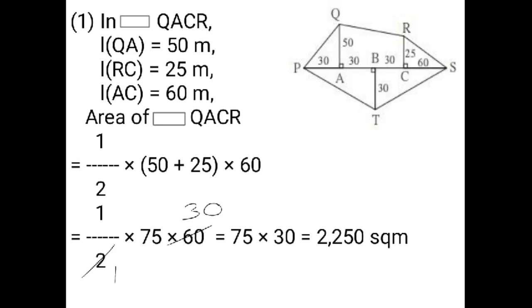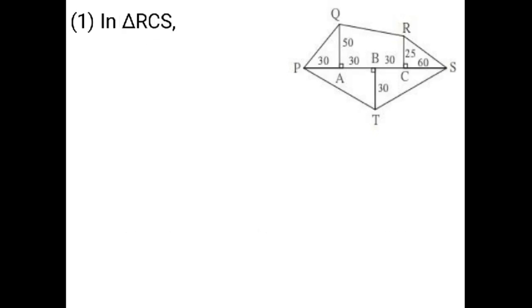Next figure is triangle RCS. In triangle RCS, length of RC is equal to 25 meter. Length of CS is equal to 60 meter. You have to find area of triangle RCS by using the formula of area of right angle triangle. Side RC and side CS are the sides forming the right angle of triangle RCS.